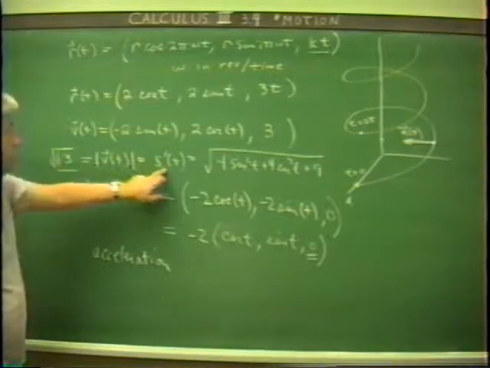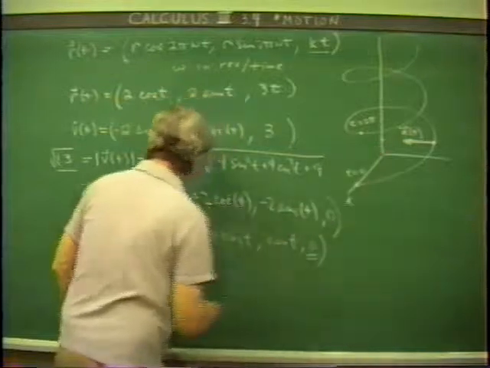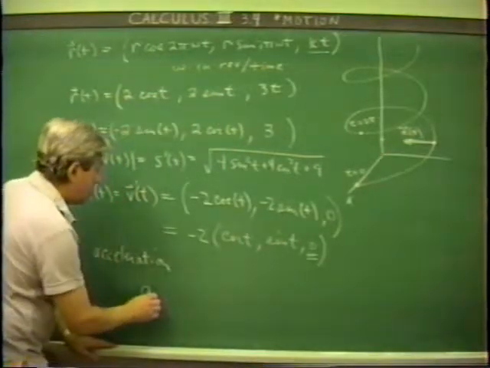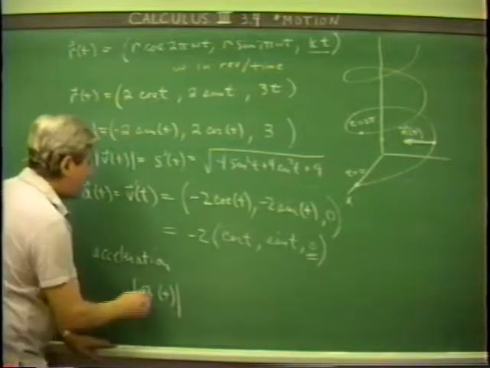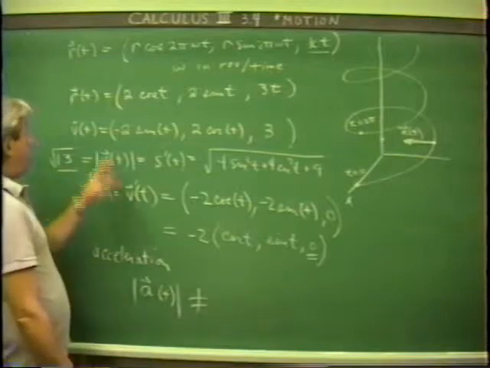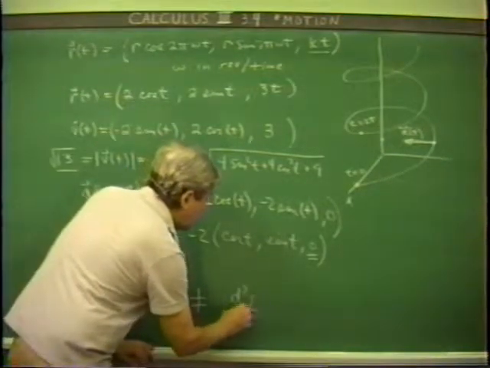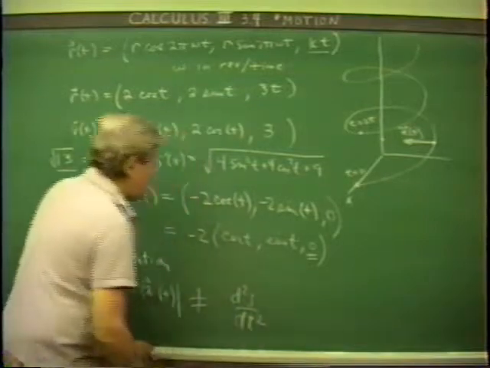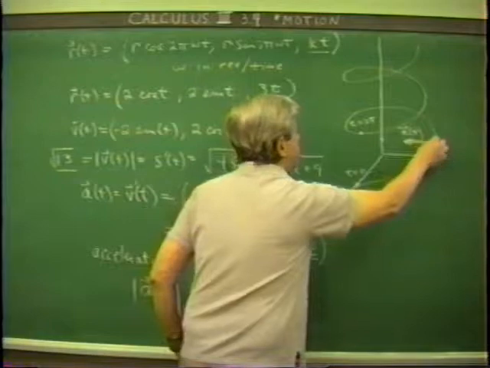While the derivative of the position is the velocity, and the magnitude of the velocity is the speed, the magnitude of the acceleration is not in general going to be equal to the derivative of the speed.